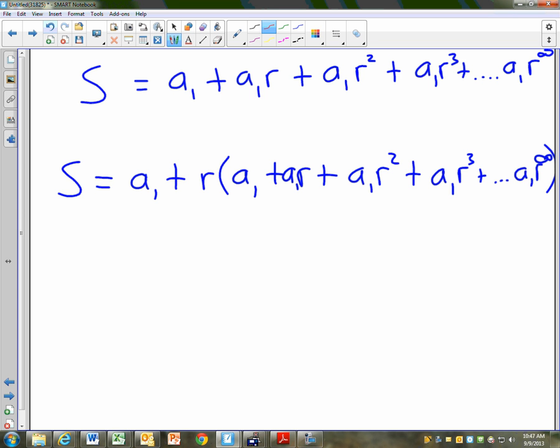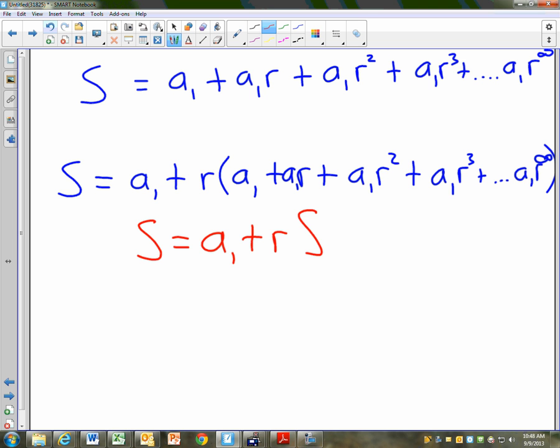The sum is equal to this guy right here, right? Isn't this what I have right here? Is that not the same as that? So I can now make this substitution. Sum is equal to a sub 1 plus r times the sum. I just put the s right there, right?